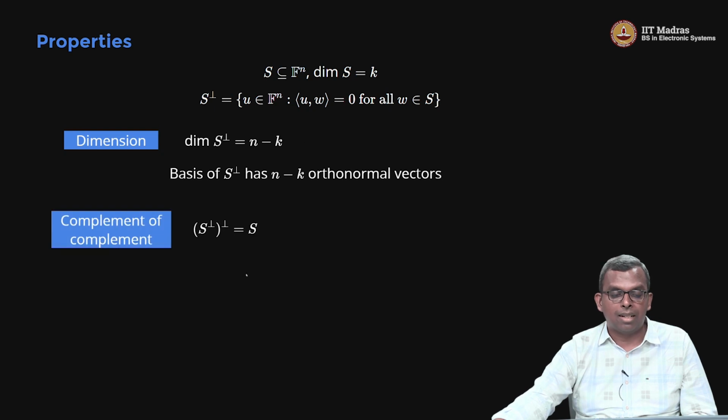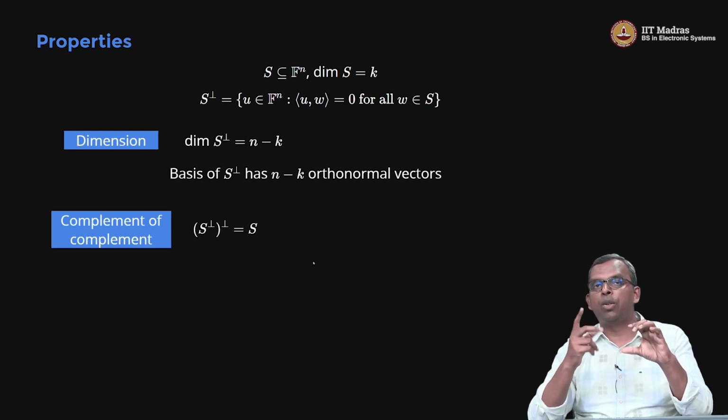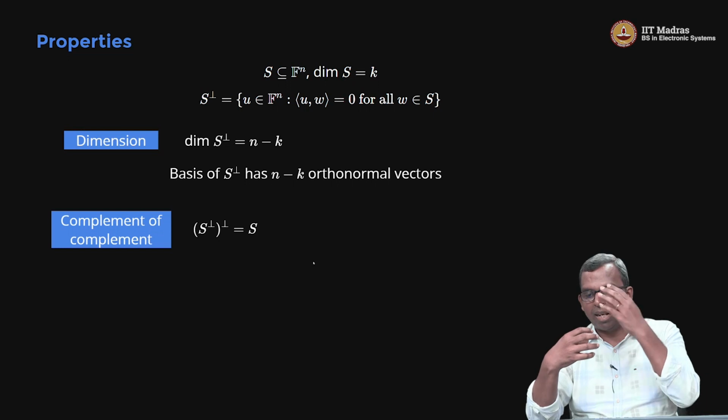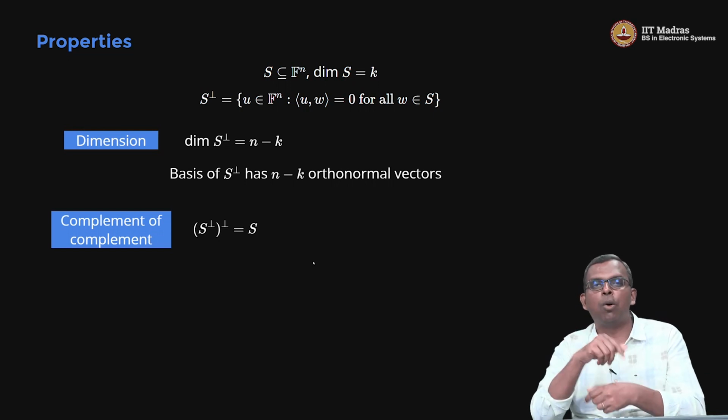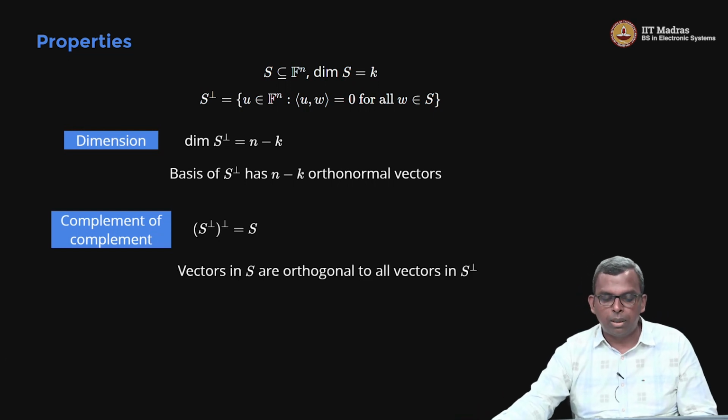Okay, here is another very interesting property. The complement of the complement becomes S itself. If you had an S, you took the complement, you went to another subspace S-perp. Of course, I can repeat the complement again, right? But if I do it, I go back to my S. Okay, so it is equal. There are two things needed here. The vectors in S are clearly orthogonal to everything in S-perp. That was definitely the definition.